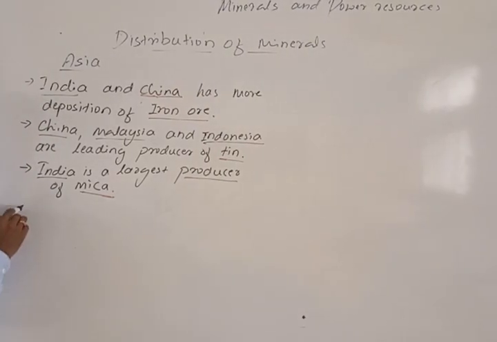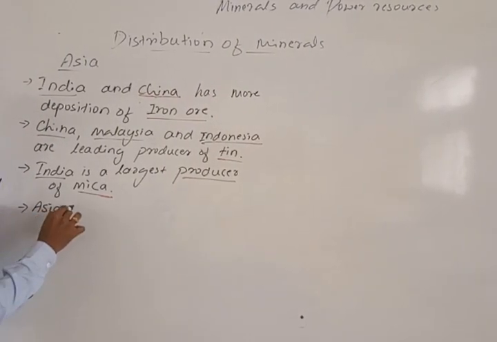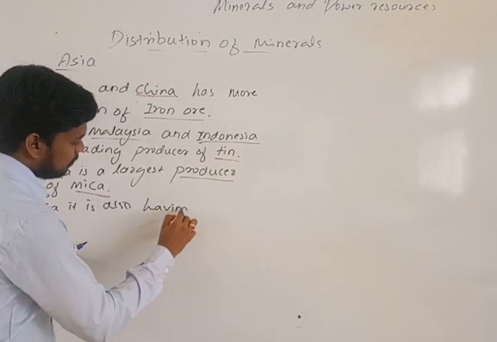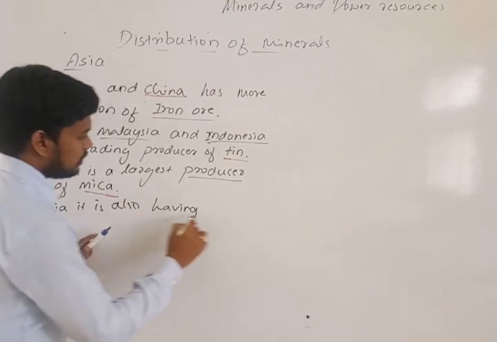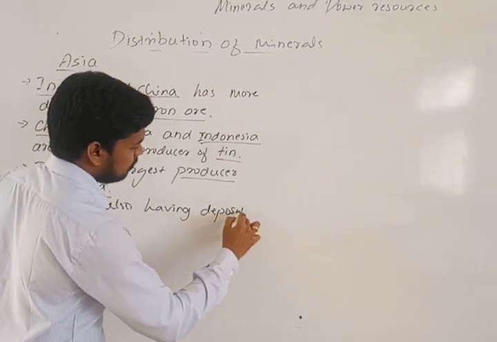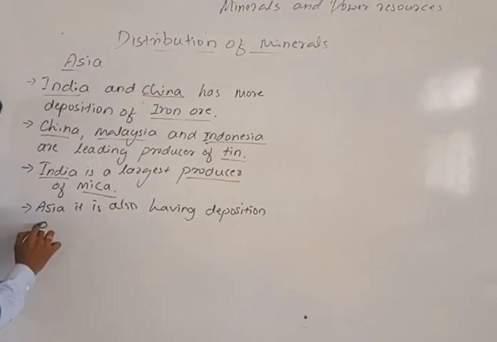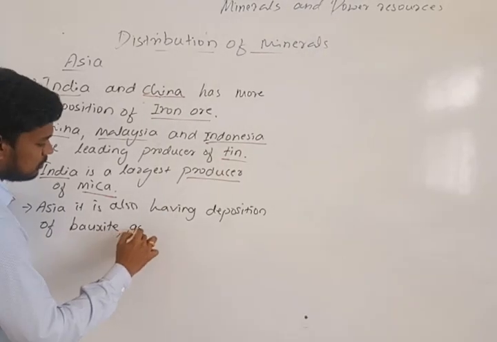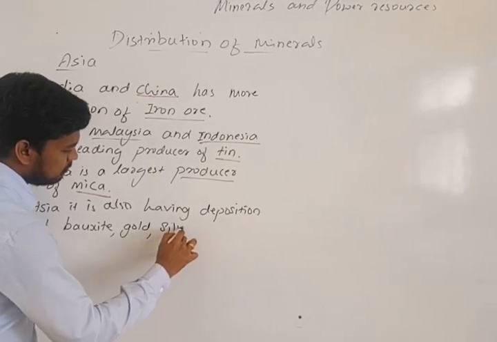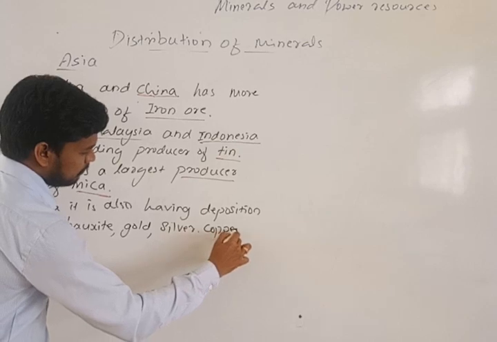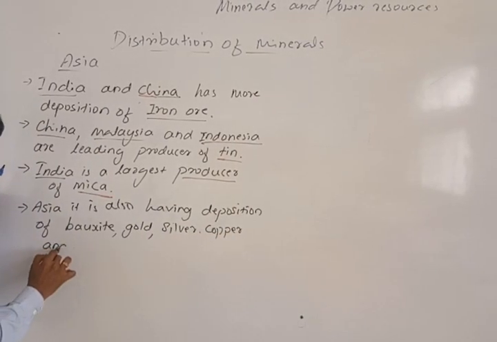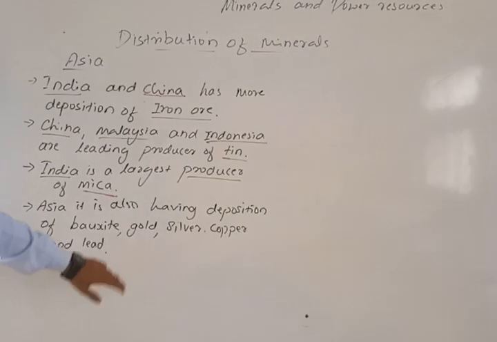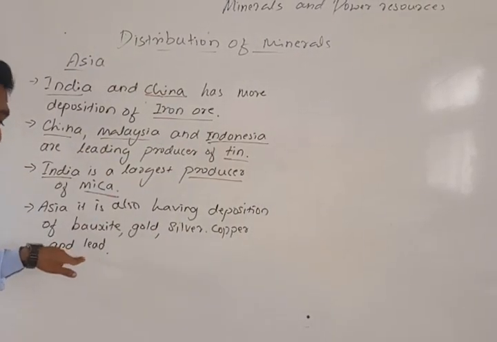Along with that, Asia also has deposition of bauxite, gold, silver, copper and lead. Even China is a leading producer of lead.